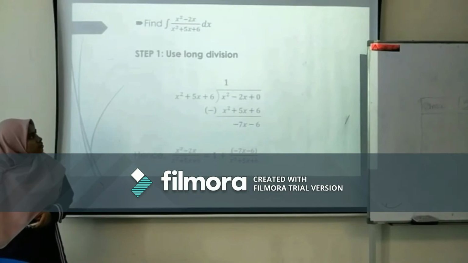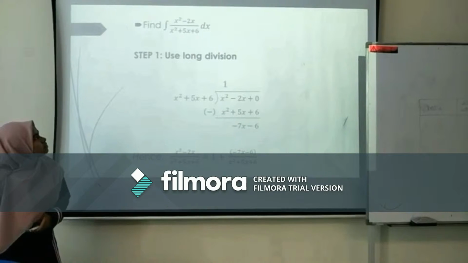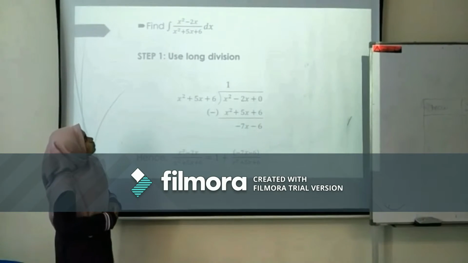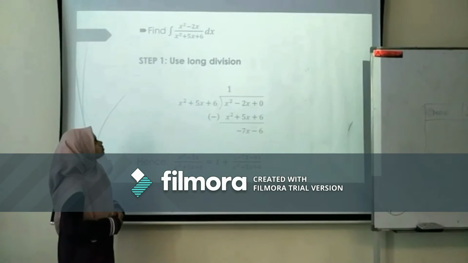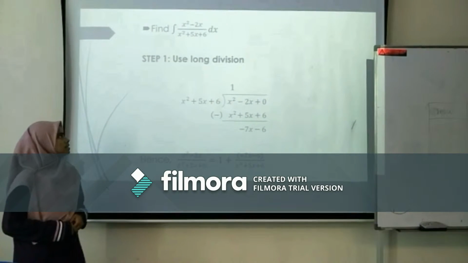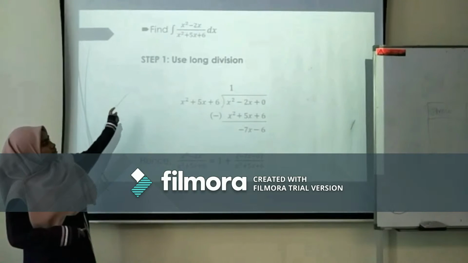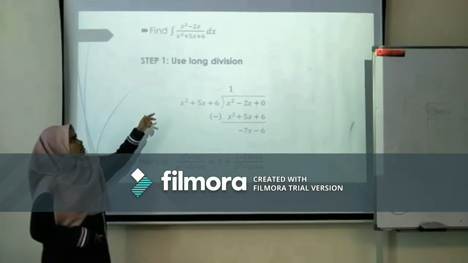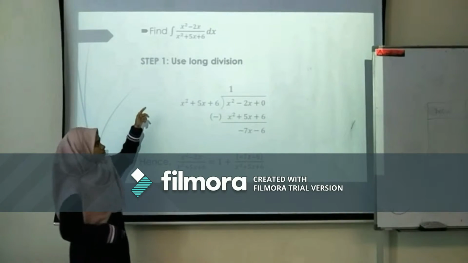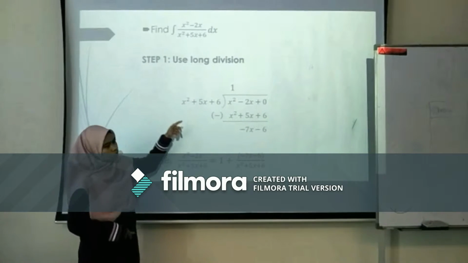Okay, for example, the question wants you to find the integration of x squared minus 2x over x squared plus 5x plus 6. We know that the definition of improper fraction is that the power of the denominator is equal to the numerator. We know it's an improper fraction.